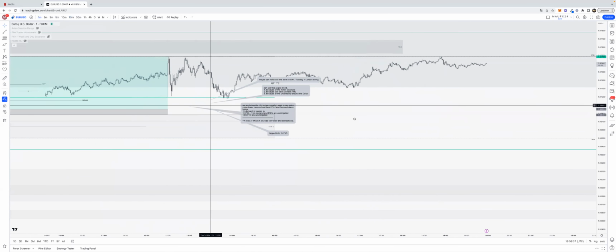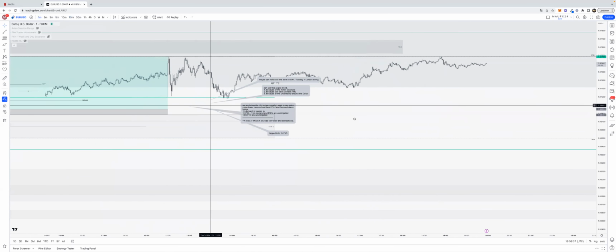Then we got a Monday. Monday sets the tone, takes out this low, pushes up. Tuesday continues. Wednesday, Thursday, Friday, and then Monday. And I thought Tuesday would set the tone for the week, but that short over here, look at how strong that candle is. It set the tone for that week because we knew it just took out an Asia high and previous daily high over here.